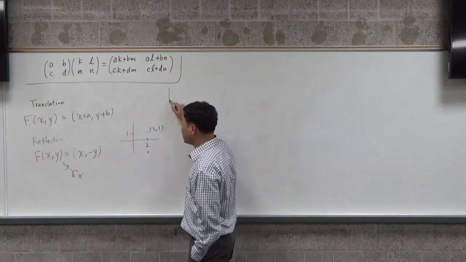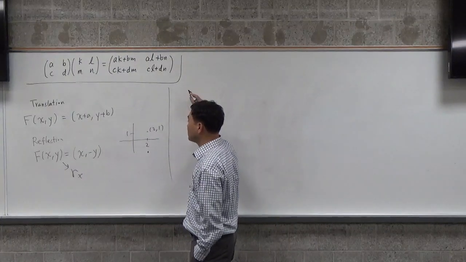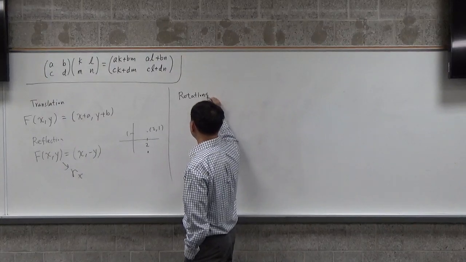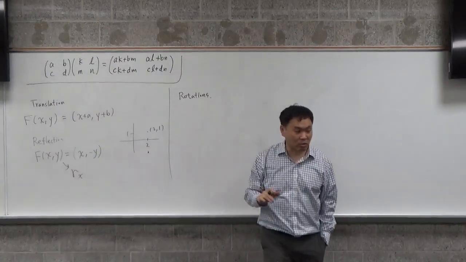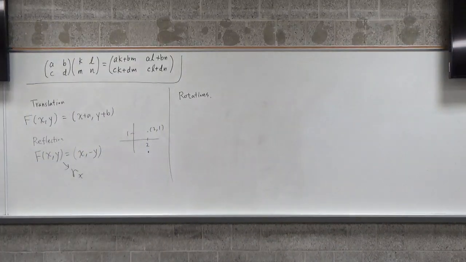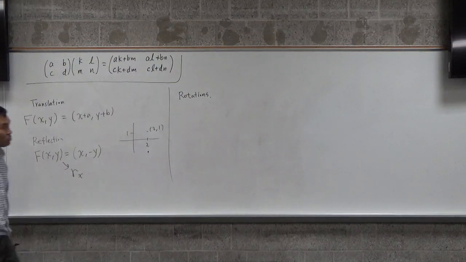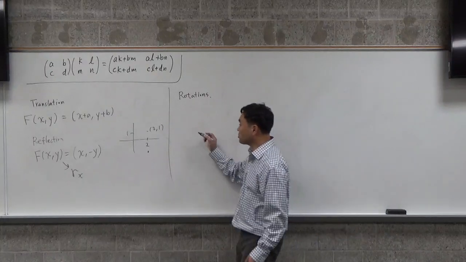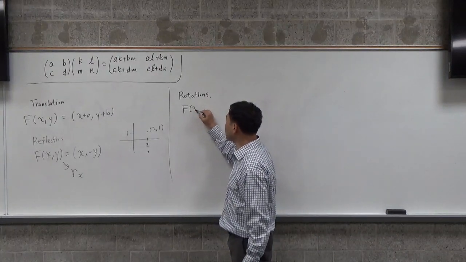Okay, and then you can also have rotations. Now, rotations in general is quite complicated. So I don't want to write the formula for the rotations in general. I'll just use something simple, which is like, say, f of x comma y.